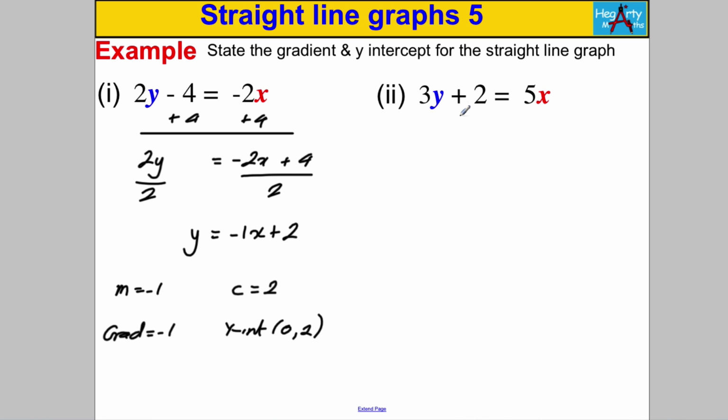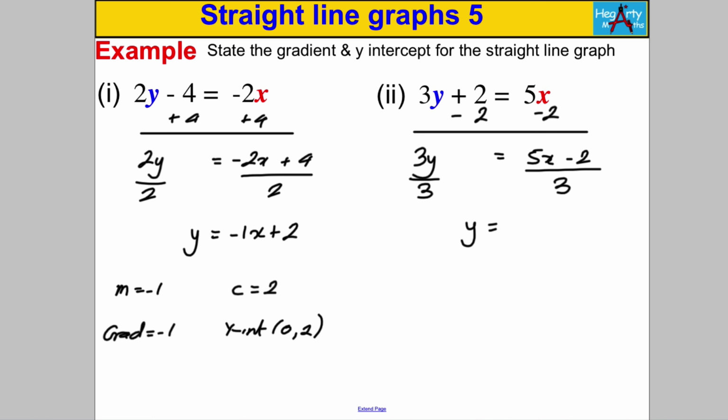This one here, same old stuff, but I'm going to take away 2 from both sides to start with to undo that add 2. That leaves me with 3y on the left is going to equal 5x subtract 2. I'm going to divide both sides by 3 to get y on its own, isolated on the left hand side.